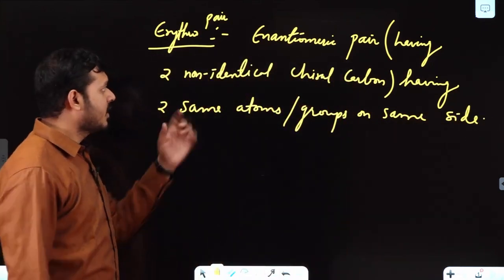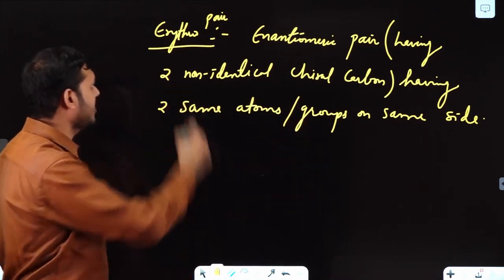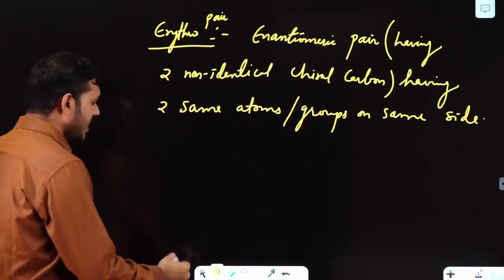Okay, enantiomeric pair having two same atoms or groups on same side, then it will be called as erythro pair. Clear to you all?